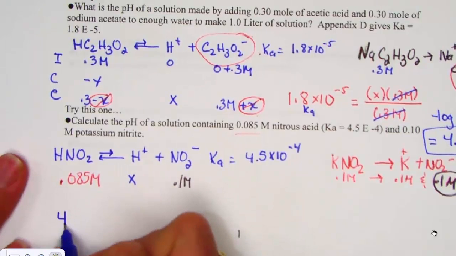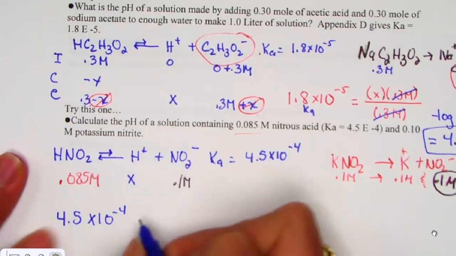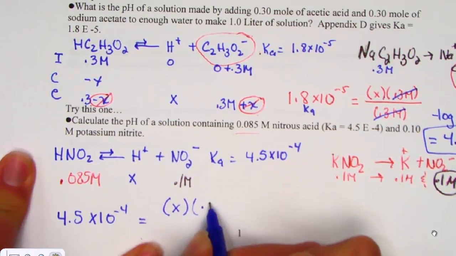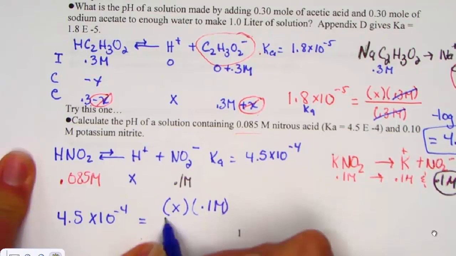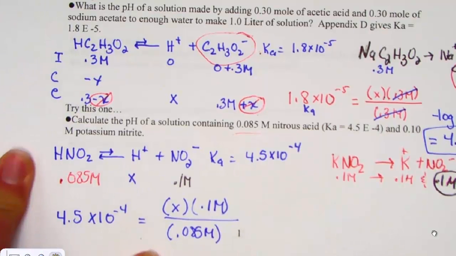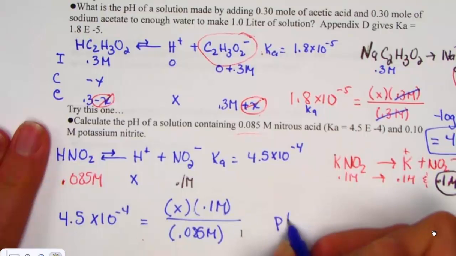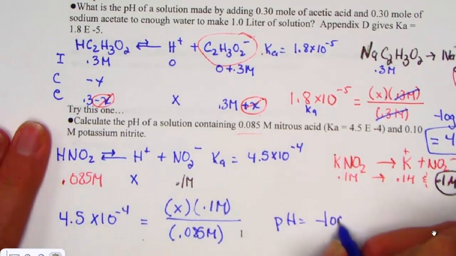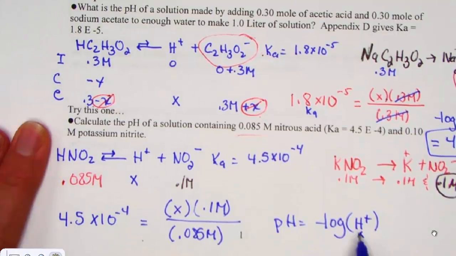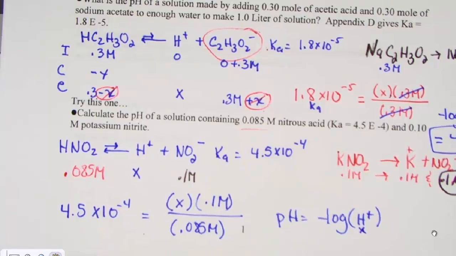The Ka value, 4.5 times 10 to the negative fourth, is equal to the products, hydrogen ion, nitrite ion, set over the concentration of the acid. Solve for X, knowing that X will give us the hydrogen ion, and that X that we solve for there can then be used to determine the pH.